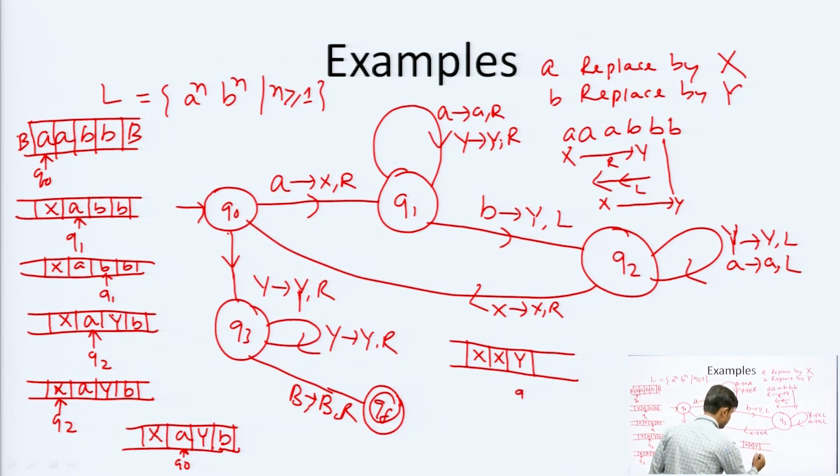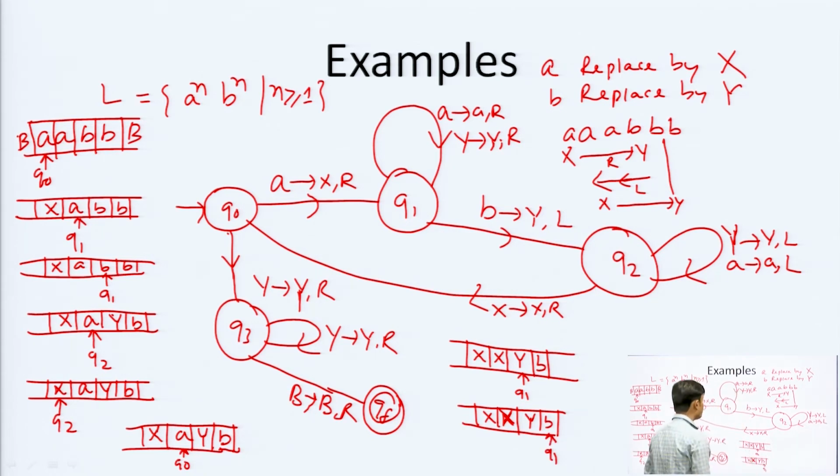Now, q 1 points to y, this is b. So, now you see in q 1 y, what will be there? If q 1 y, you again have to move right. So, here this is x and this is x and this is b. Now q 1 points to b.